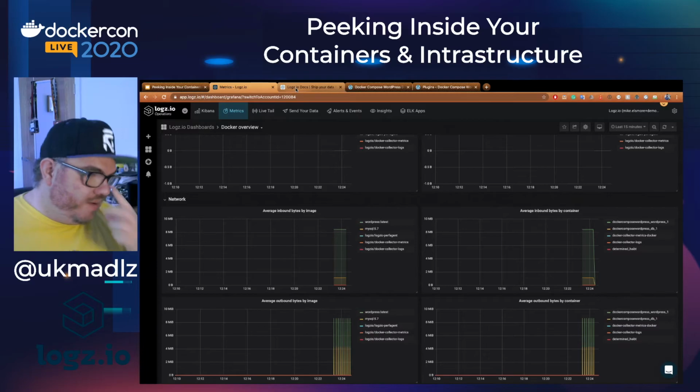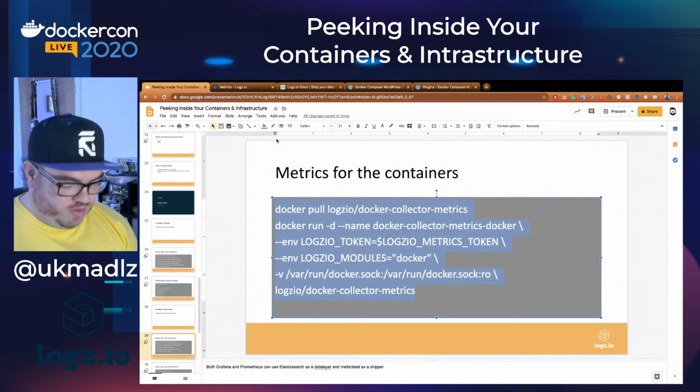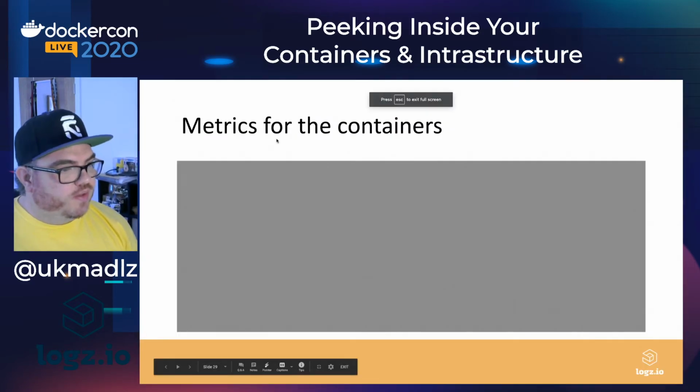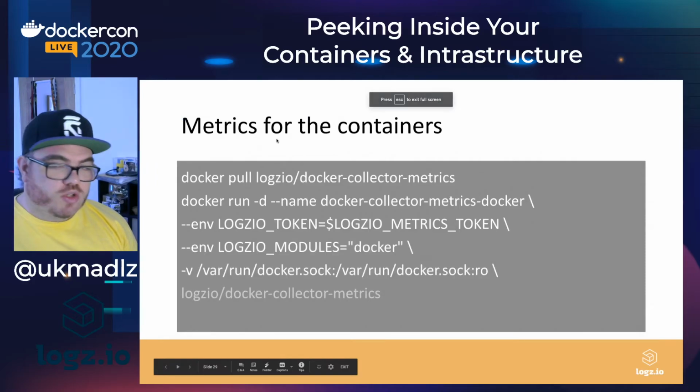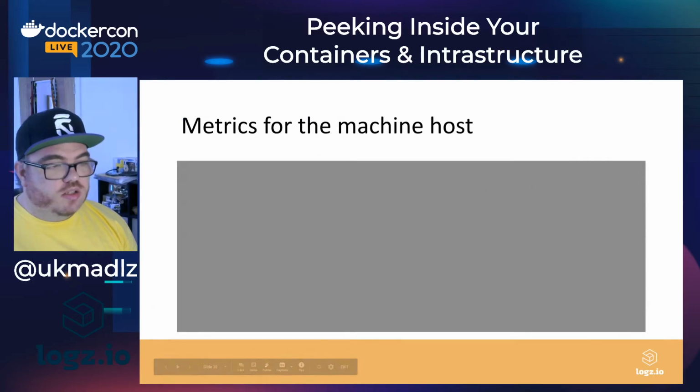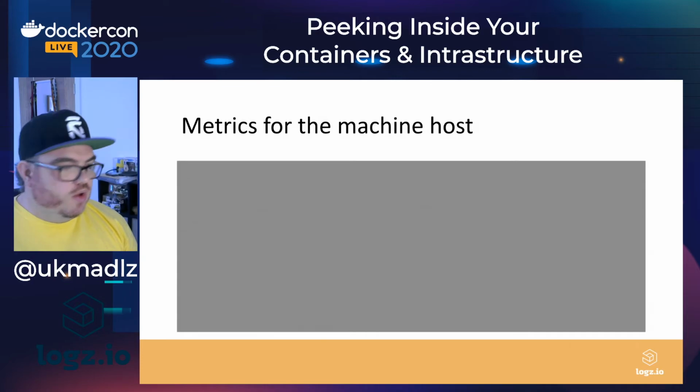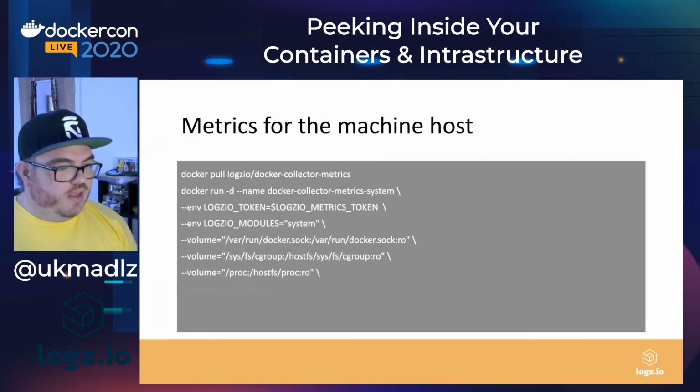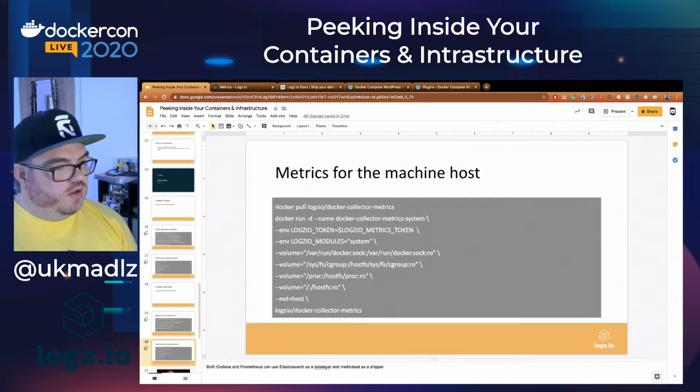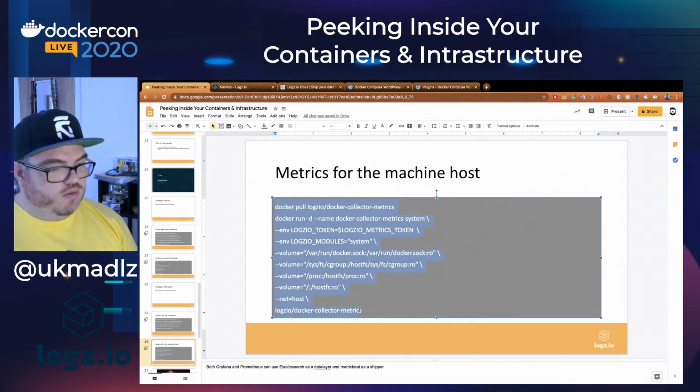Now, what about if we wanted to know what was going on with the host itself? So we have this one which is looking at the information for the containers, but what about the host? Well, we have one for that as well. This is a container that will mount your host information to the container and allow that to be shipped over.